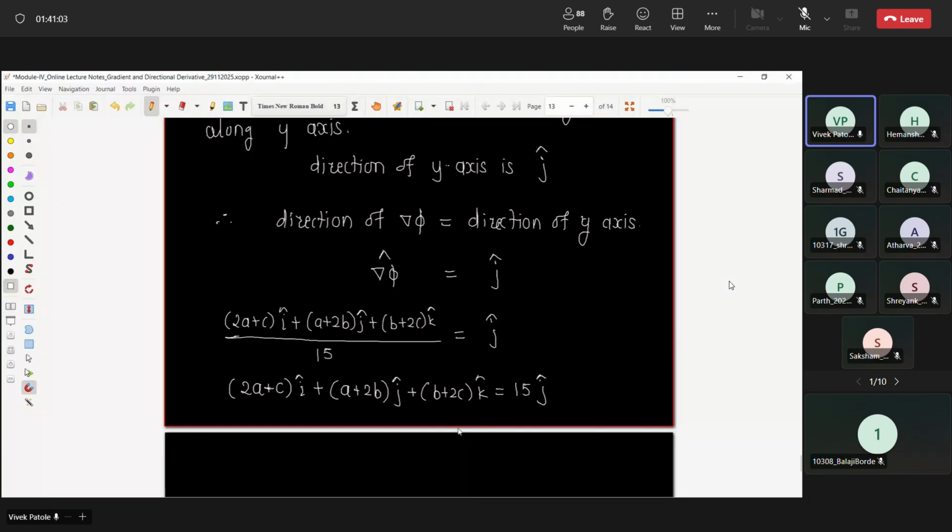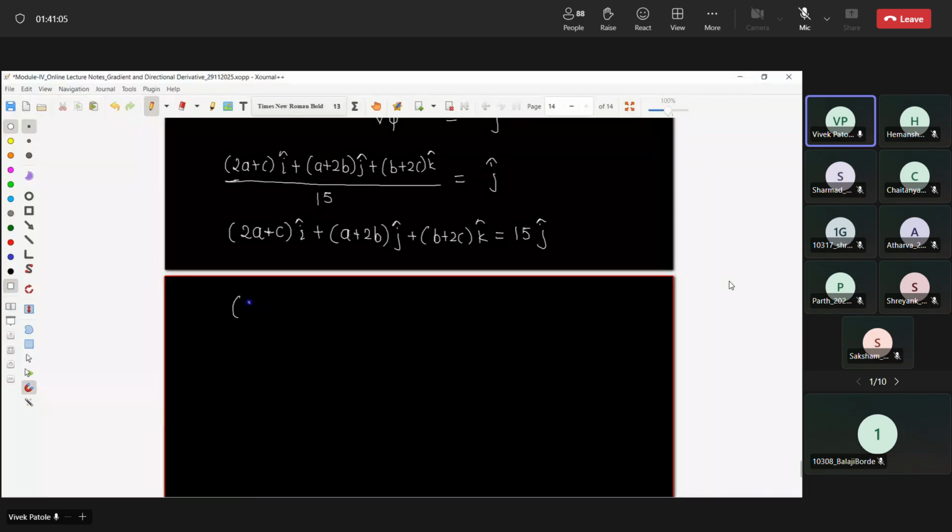So I am going to write down my RHS as 0 i cap plus 15 j cap plus 0 k cap.